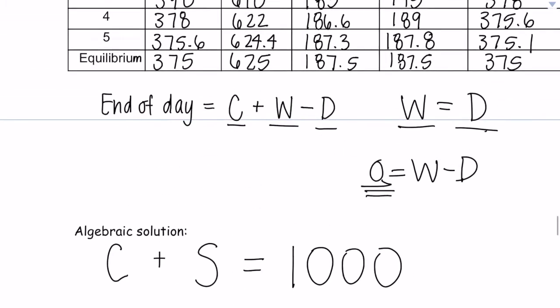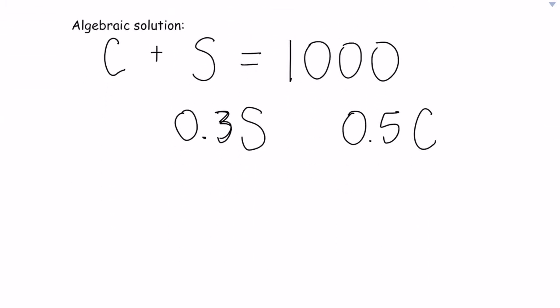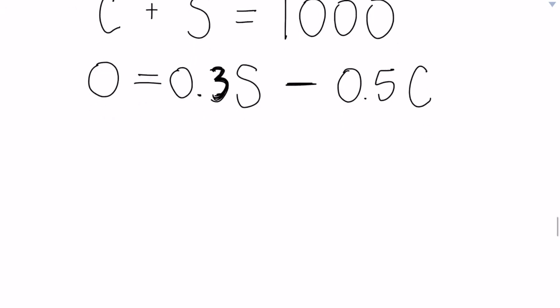So the amount of weddings, which is 0.3s, minus the amount of couples getting divorced, which is 0.5c, will equal 0. And so we can do some algebra here, some rearranging of our equations to substitute one variable in for another. So I'm going to rearrange this second equation.